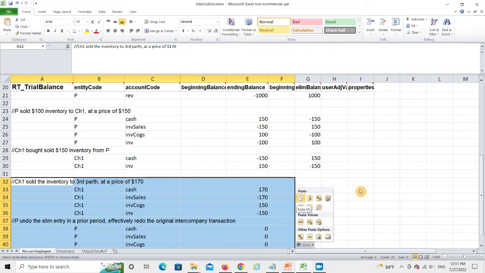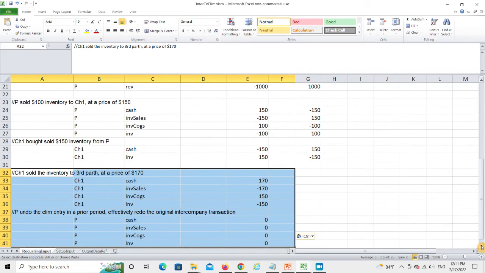So here are the journal entries for CH1 selling inventory to a third party. It bought the inventory at 150. Now it's selling for 170. So here are the journal entries on CH1's book. And on P's book, there is really no effect at all.